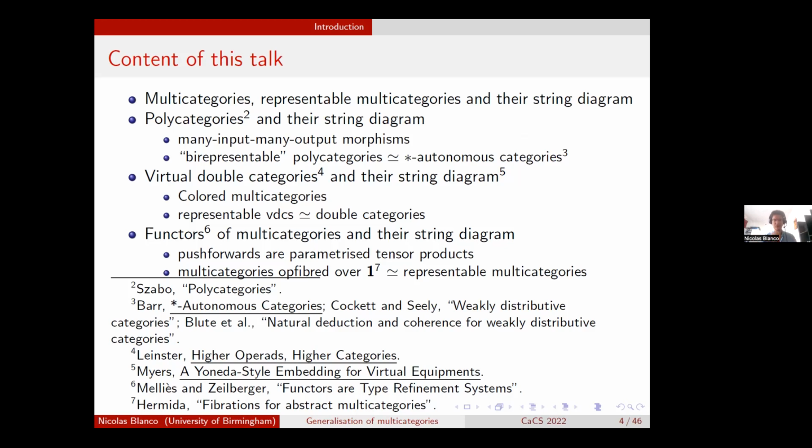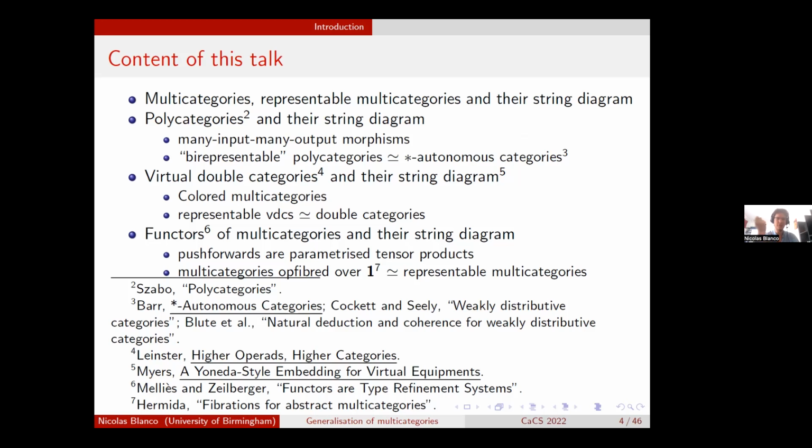All of this was studied first by Barr for star-autonomous categories, and then by the Canadian category theorists Cockett, Seely, and Blute for the connection with polycategories. Then another way of generalizing multi-categories is virtual double categories, which were, for example, introduced by Leinster under the name of FC-multicategories.